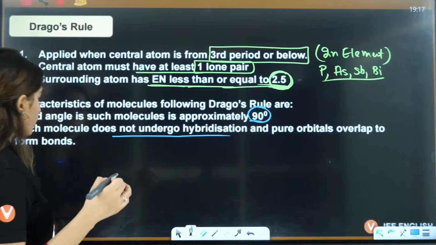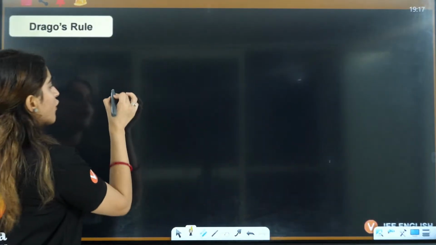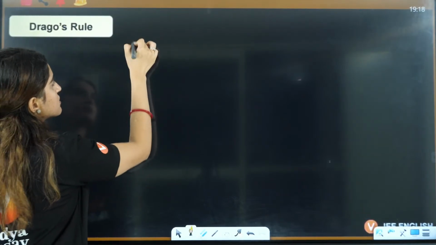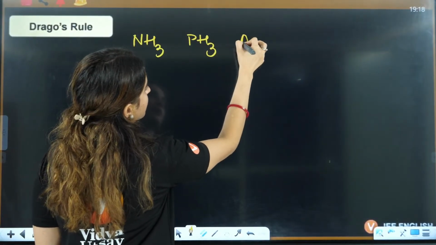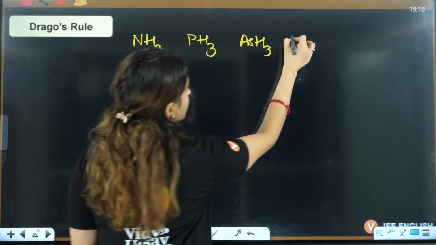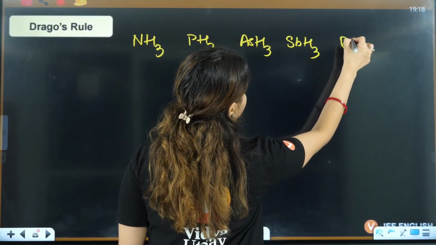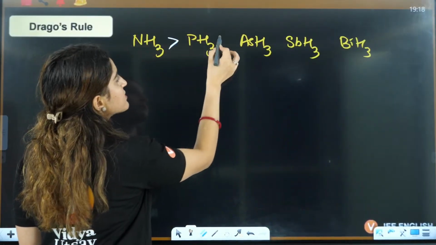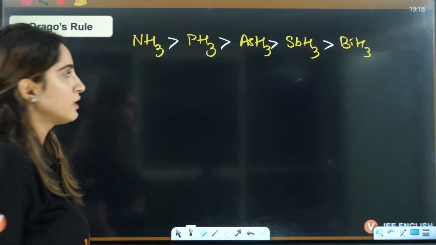Now let's talk about why this happens. For example, take NH3, PH3, AsH3, SbH3, BiH3. We know that down the group the angle decreases, that's fine, but it should decrease gradually.